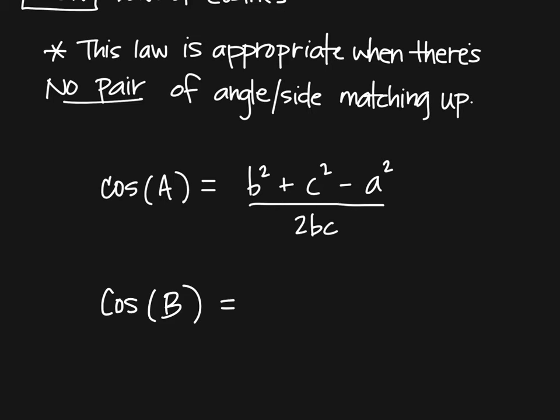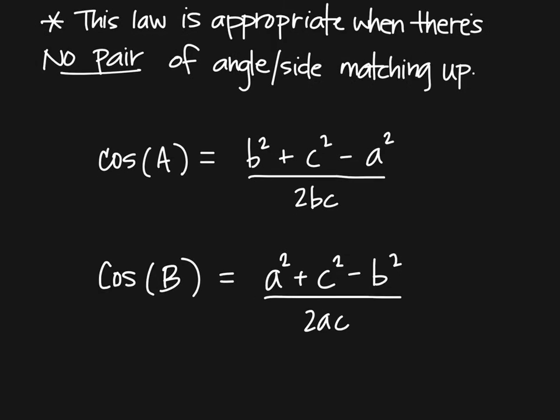Then the subtraction has to be the little b: a squared and c squared, and then the subtraction is the b squared part. So the subtraction is always the matching side to what you're doing in your cosine. And then the division, what do you think that's going to be? 2ac, exactly.